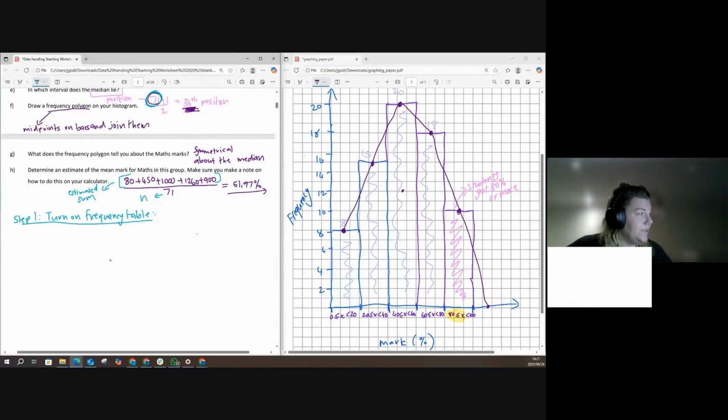So you are going to click Shift, and then Setup, which should be sort of at the top right. And then you want to scroll down.